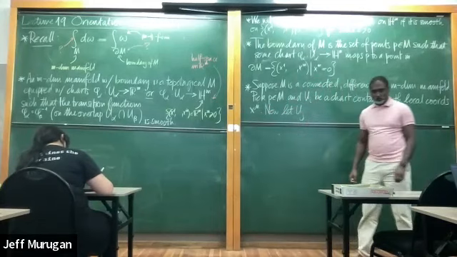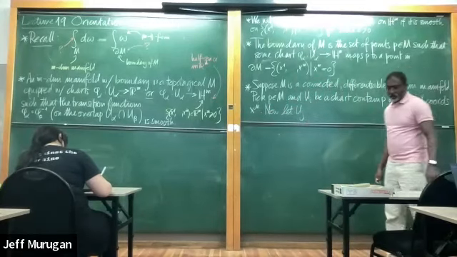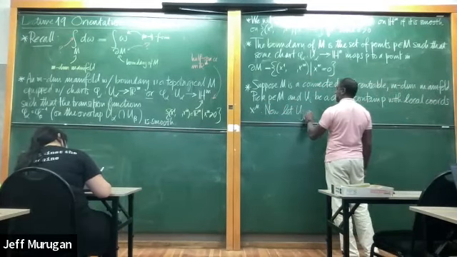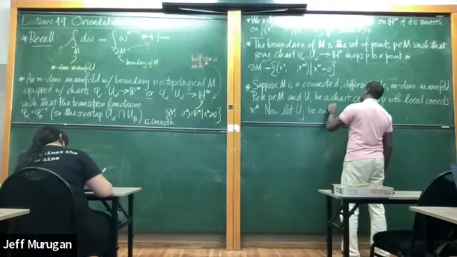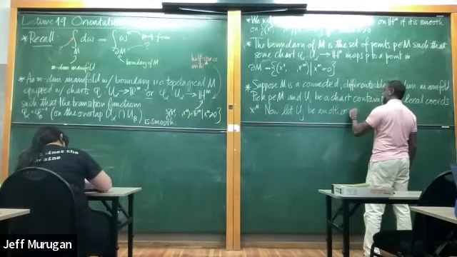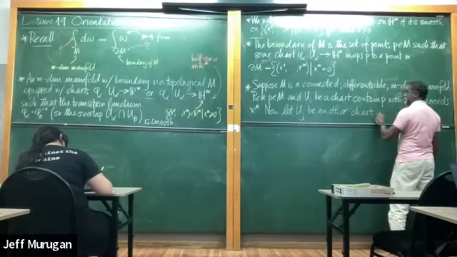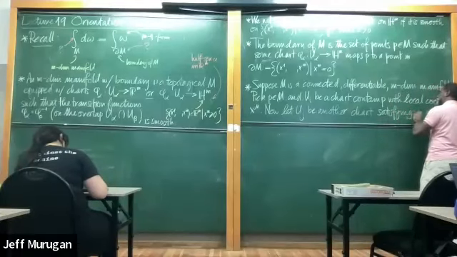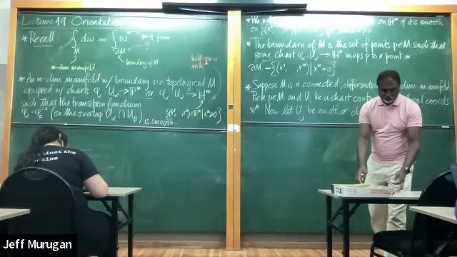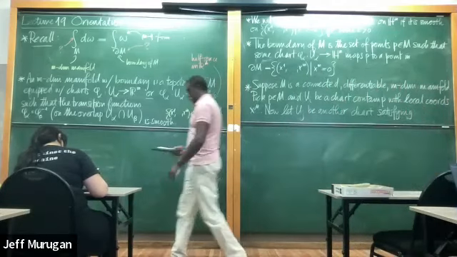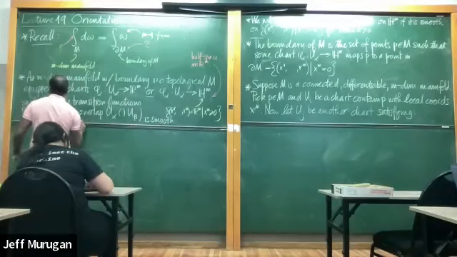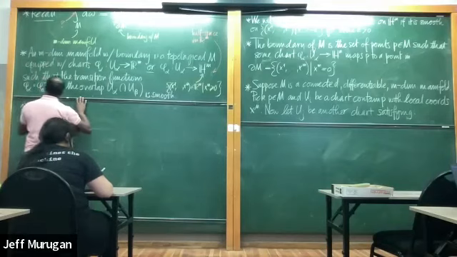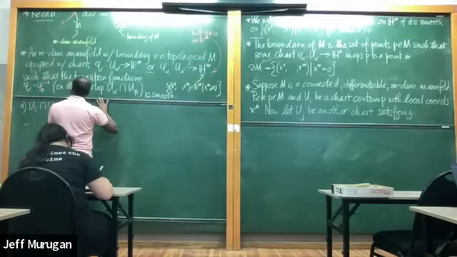Now I'll pick another chart, let's call it U_j, that also contains P. First, I want to satisfy that the overlap between U_i and U_j is not empty.